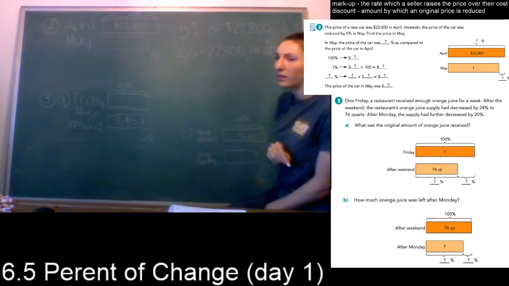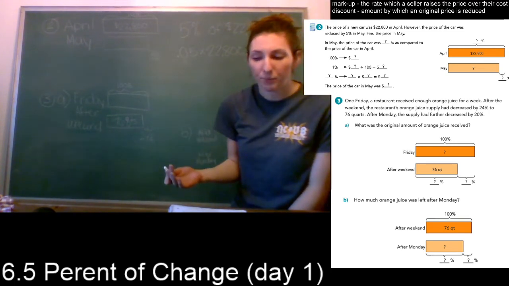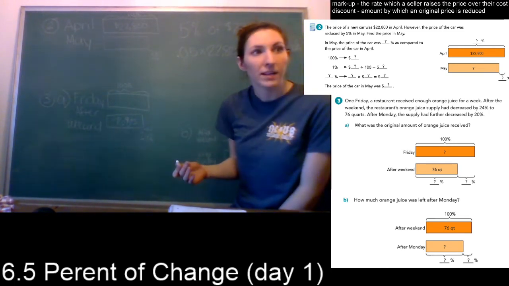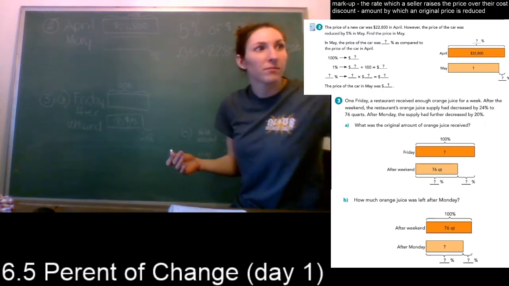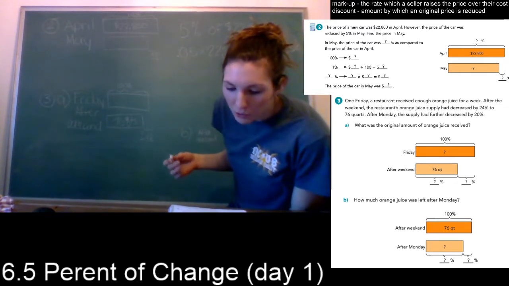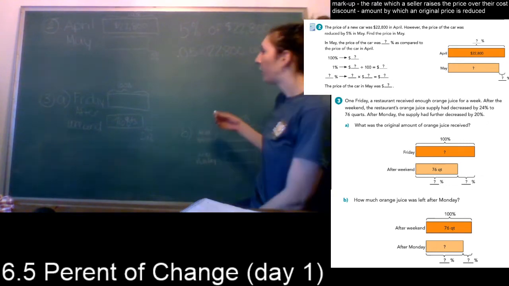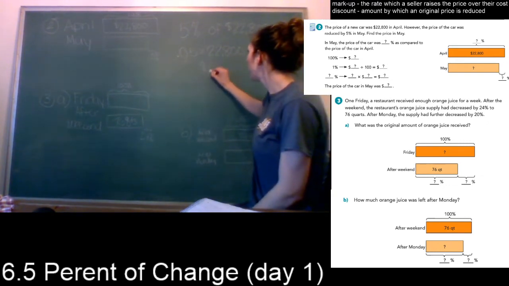Either way you do this, you're basically doing 5 times 228. When you do that, you're going to get that 5% is 1,140.